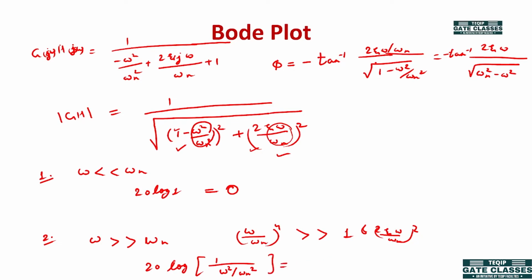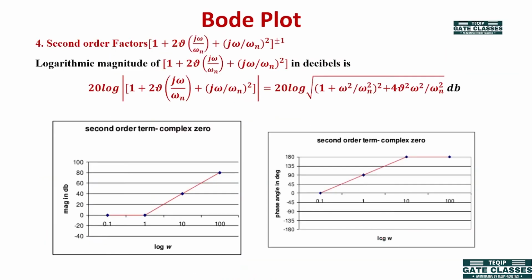Okay, so it becomes minus 40 log omega upon omega n. So here we have a slope of minus 40 dB per decade.